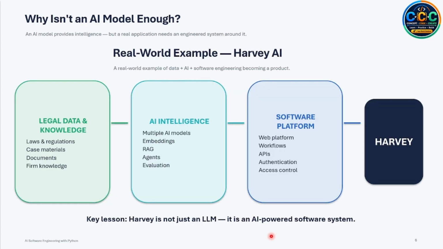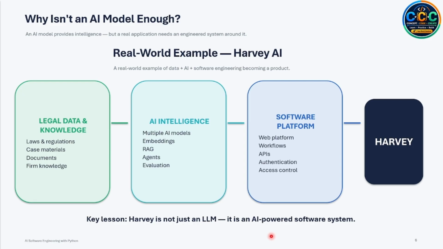Now the question is, why is an AI model not enough? Let's prove this with a real company. Harvey AI, a legal AI platform worth billions. Is it just a smart language model? No, it's legal data and knowledge, AI intelligence with models, retrieval, agents, and a full software platform with a web application, APIs, authentication.